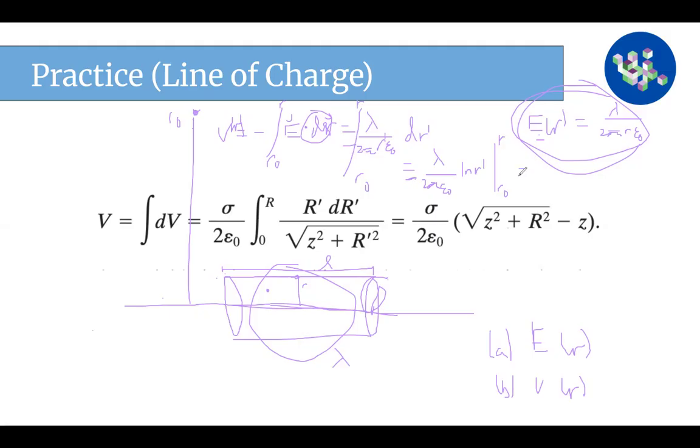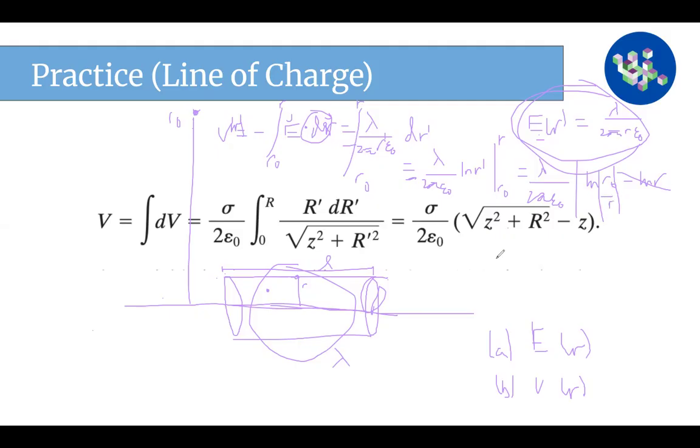So then you'll see this will be equal to lambda over 2 pi epsilon 0 times ln of r0 minus ln of r. And notice this is the same thing as ln of r0 over r.